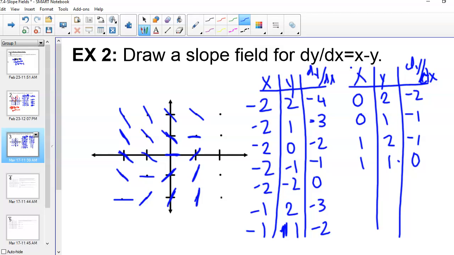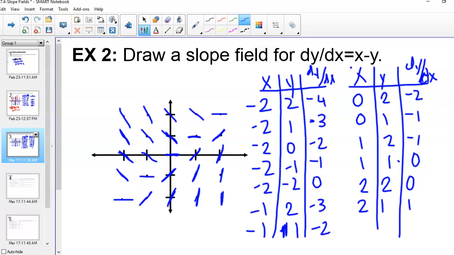And then for the last column there, I would have the point 2, 2. So 2 minus 2 would give me 0. And then 2, 1, 2 minus 1 would give me 1. So I'd have a slope of 1. And then I'd have a slope of 2, 3, and 4.